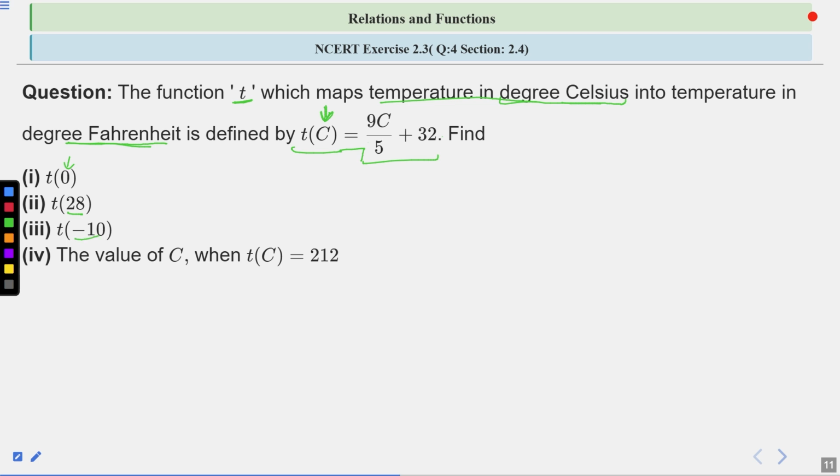For third, if you are given -10 degree Celsius temperature, then what will be the corresponding degree Fahrenheit temperature? And in fourth, you just have to find out the degree Celsius temperature for the degree Fahrenheit 212. Clear?